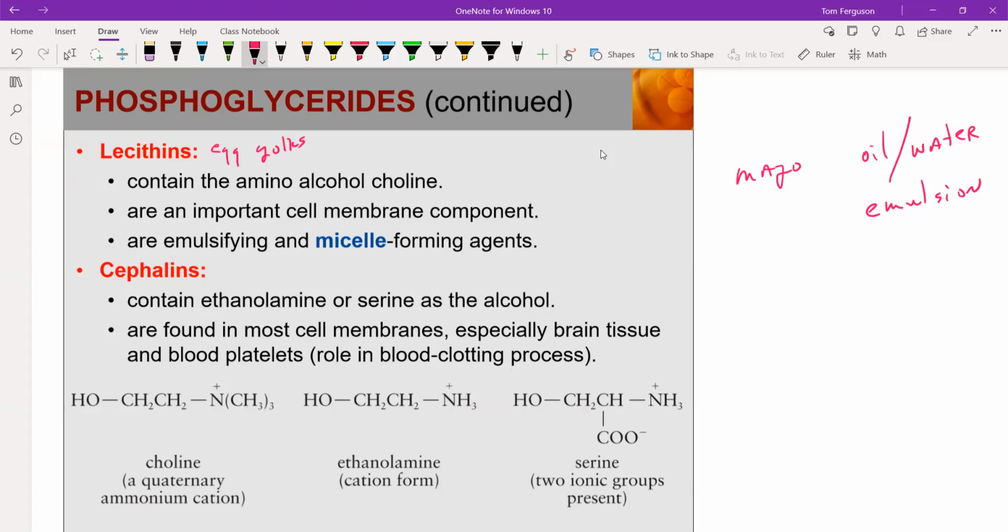You can use other ones as well. And a lot of sauces use egg yolks. Sometimes your emulsion will break. If your emulsion breaks, that means the oil and water separate out. So they're no longer homogeneous.